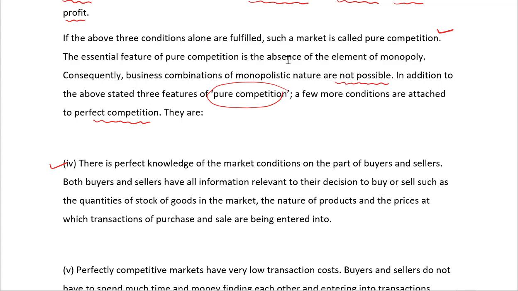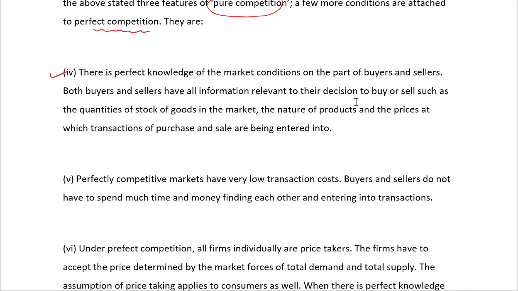Let us see point number 4. There is perfect knowledge of the market condition on the part of buyer as well as seller. So in a perfectly competitive market, buyers and sellers are both aware. Both have information in relation to the decisions to buy or sell such quantities of stock of goods in the market, the nature of the product, and the prices at which the transactions of purchase and sale are being entered into.